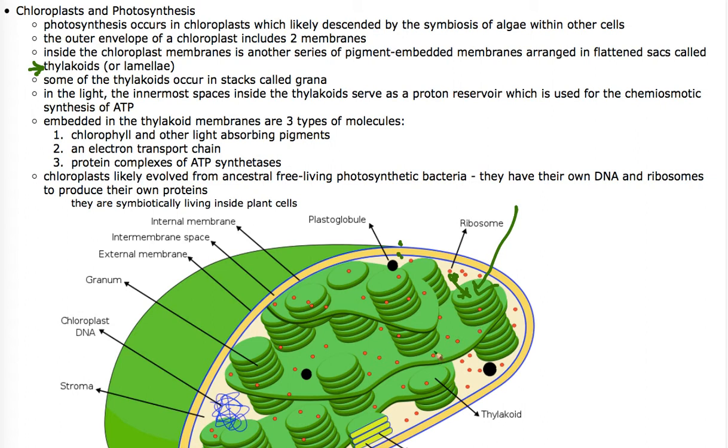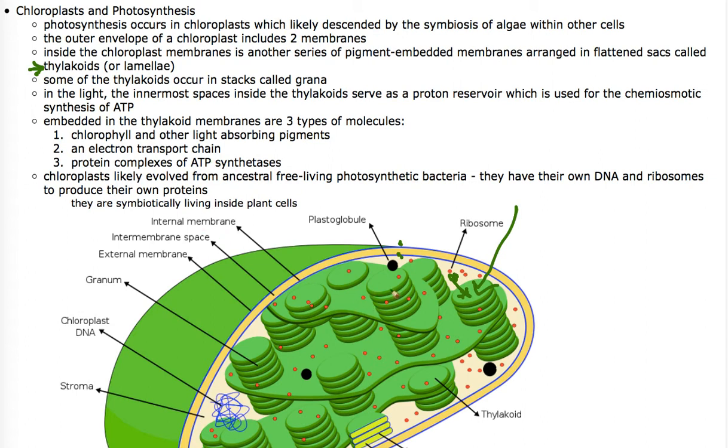And the reason is because the protons, which store energy, can be used to produce ATP. So in the light, the innermost spaces called the thylakoids serve as a proton reservoir, which is used for what we call the chemiosmotic synthesis of ATP. That is what I was talking about in the previous lecture, just adding inorganic phosphate to ADP to make ATP.